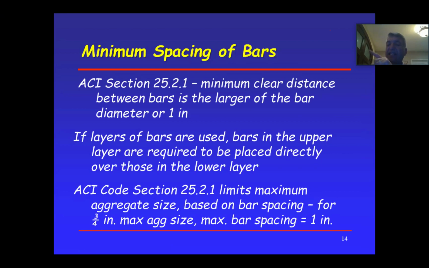The 3/8 of an inch can be done by a small pump that can be dragged behind a pickup truck. But if you try to pump 3/4 of an inch, you can't do that. You need those huge pumps that pump up into high rises, 3, 4, 5, 6 stories. But nobody is going to rent that for a backyard project. Structurally speaking, it's 3/4 inch. That's the size we use.